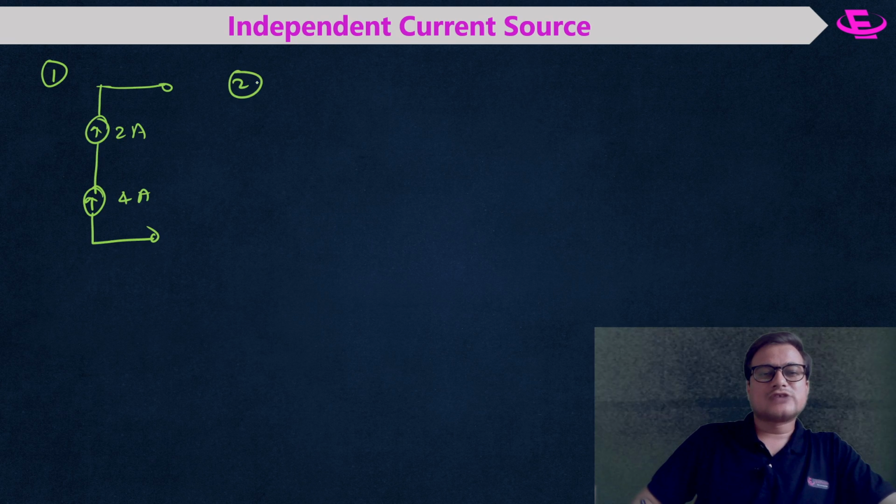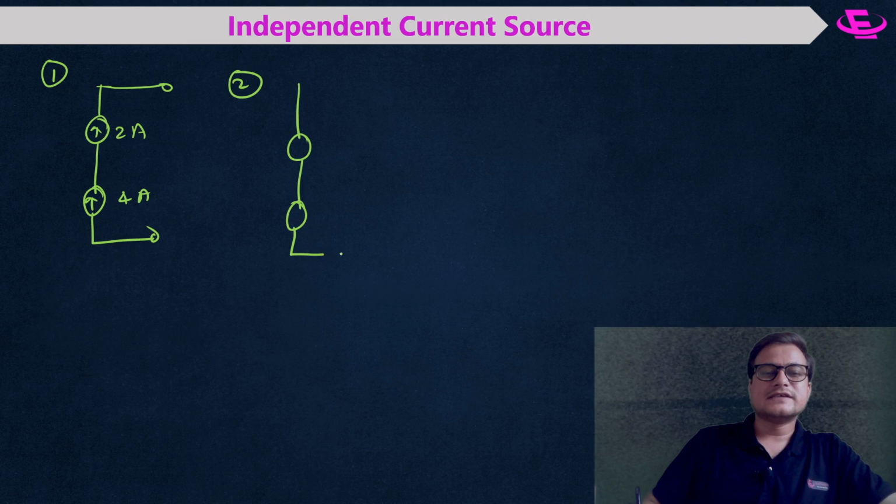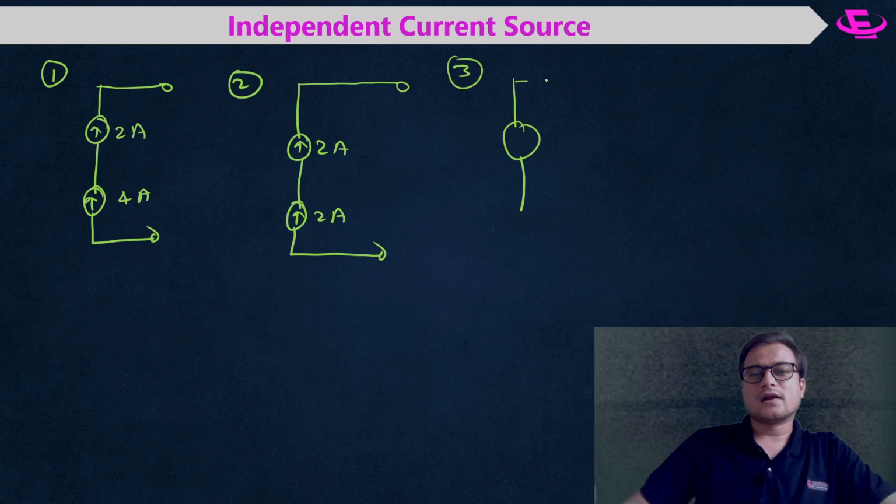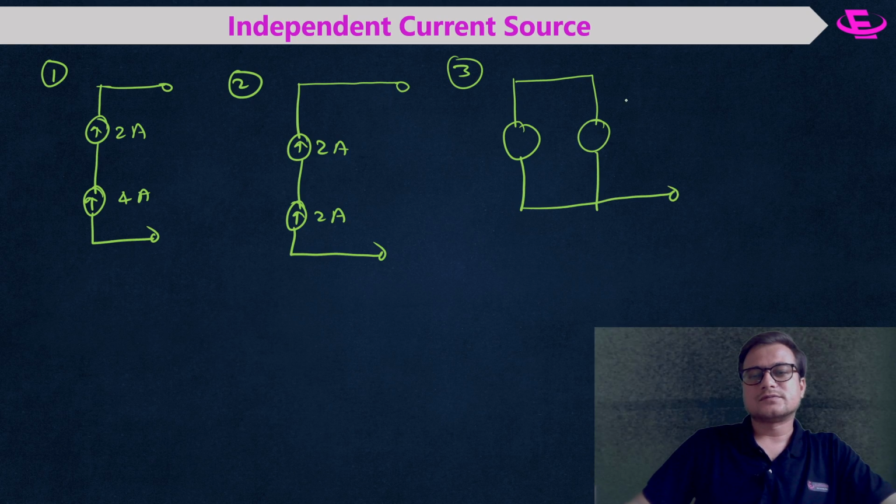Again, come to the second circuit. Let us take 2 current sources in series. This time the current sources have the same value, 2 ampere and 2 ampere. Third case is, let us take 2 current sources in parallel, with different values, 2 ampere and 4 ampere.